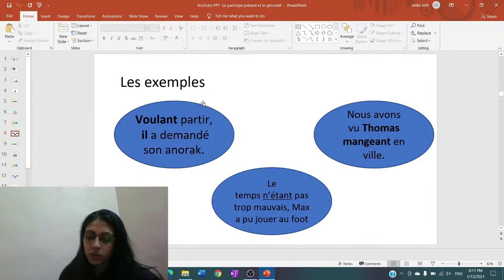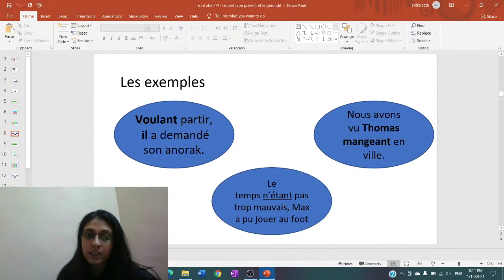How do we translate this? What does this mean? Wanting to leave, he asked for his jacket. Now over here, this voulant is nowhere related to the subject pronoun il, because we are not saying il veut partir. We are just saying voulant partir. So, wanting to leave, not that he wants to leave, although the meaning is the same, but the sentence structure, how we are putting the words.